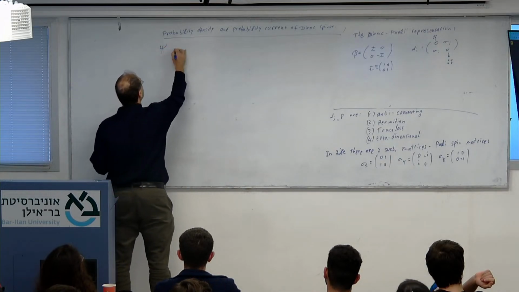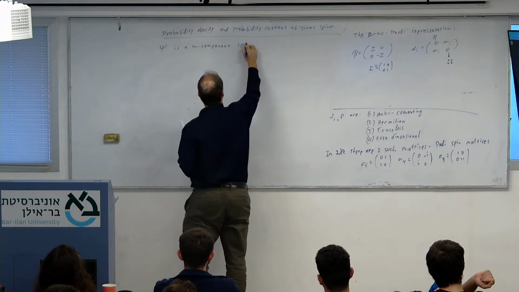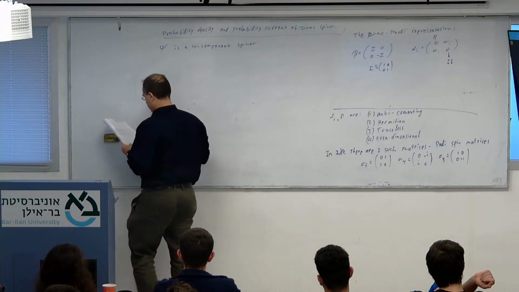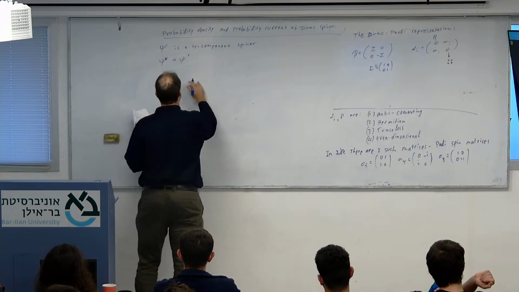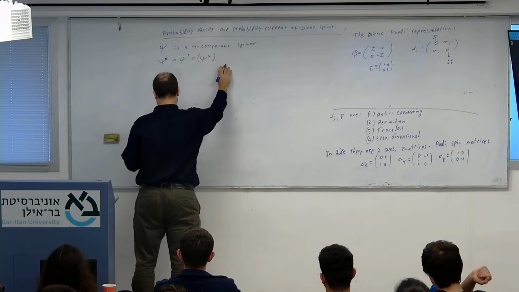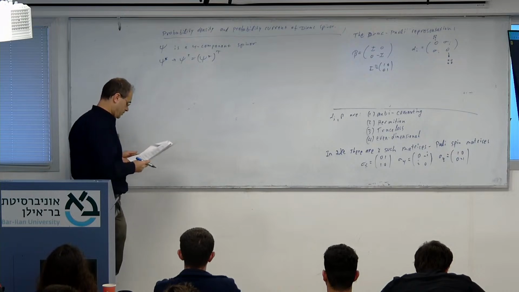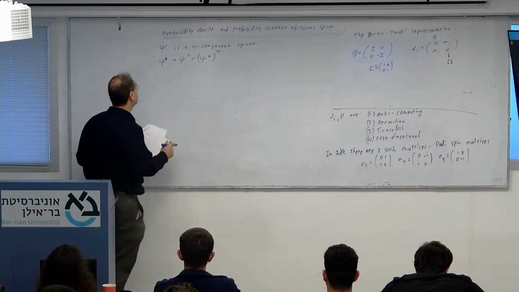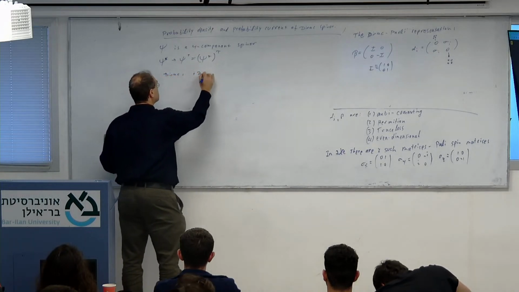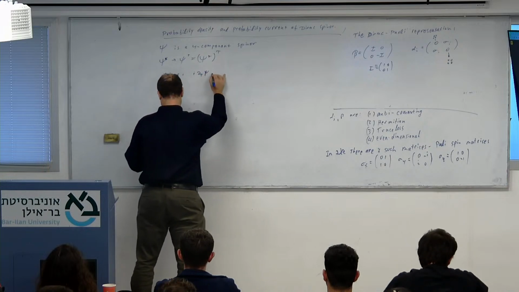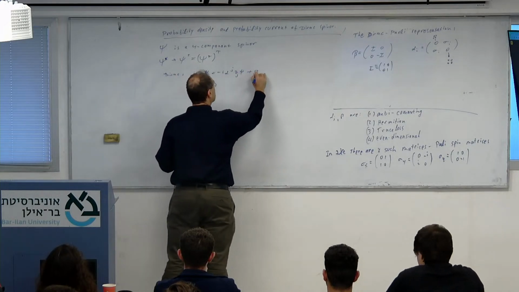So psi is a 4-component spinor, and instead of psi star we really go to psi dagger, which is psi star transposed. So, start from Dirac: i d_t psi equals minus i alpha_j d_j psi plus beta m psi.